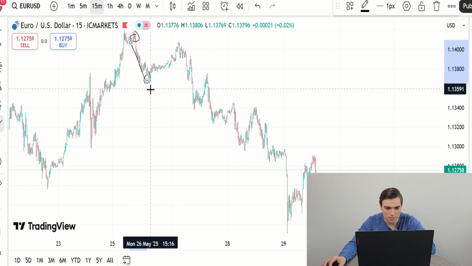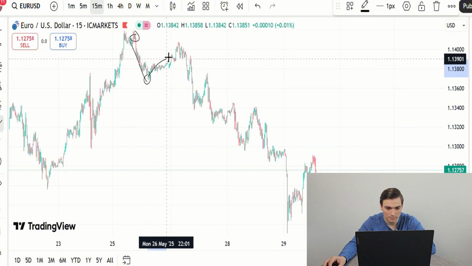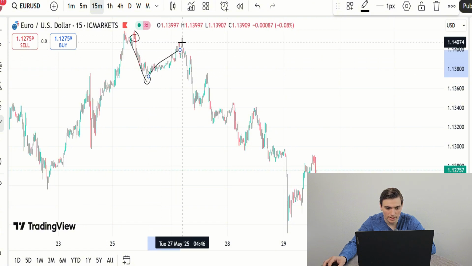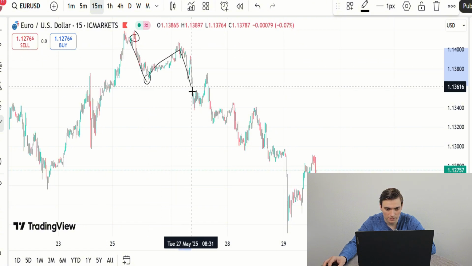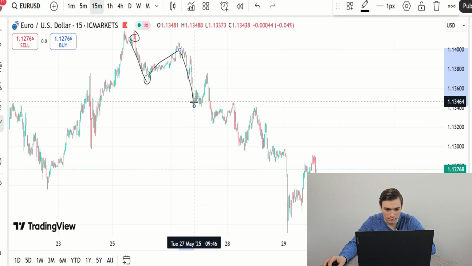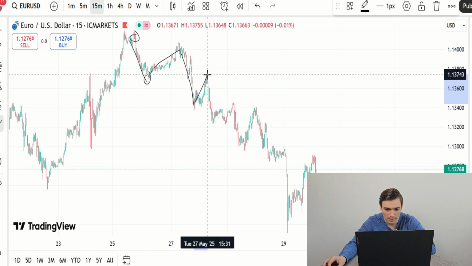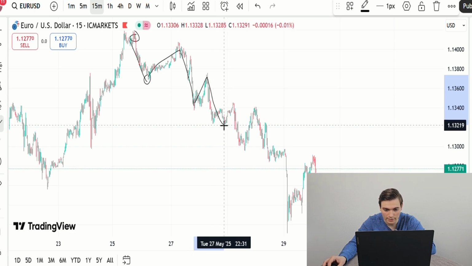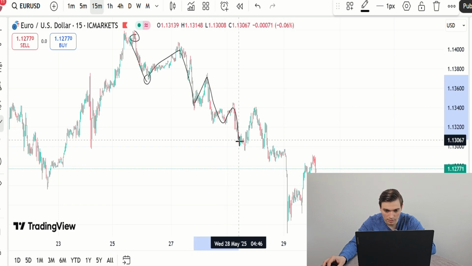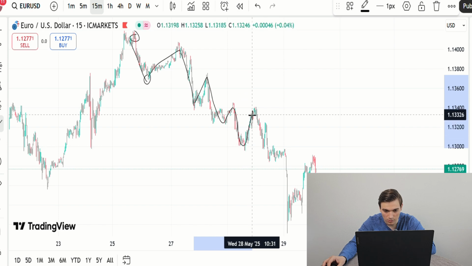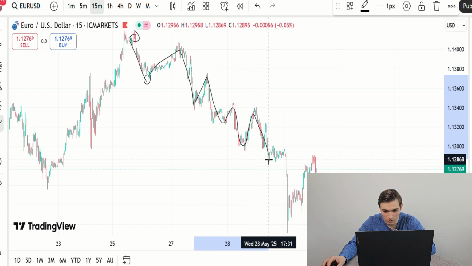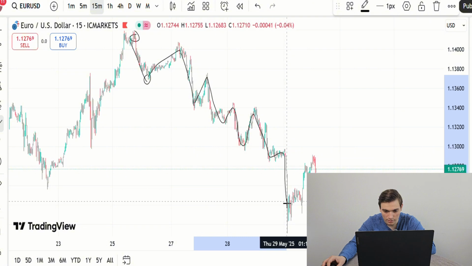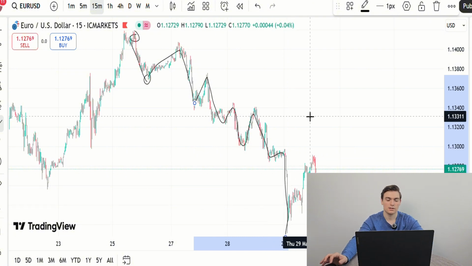So we have the impulse. Then we have a pullback, creating a lower high right here. Then here, a lower low, a lower high. A lower low will be right here. Lower high, lower low, lower high, lower low, lower high, lower low.